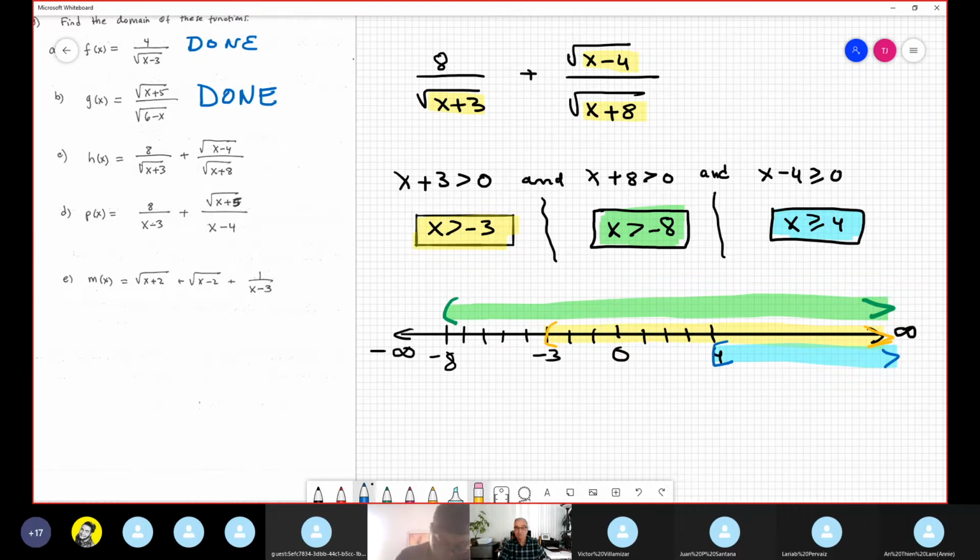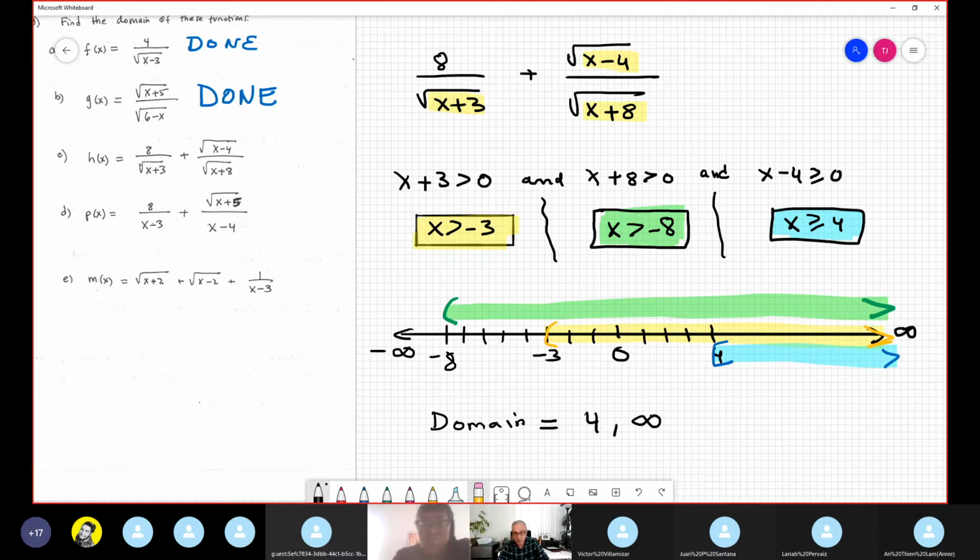Do you follow me? So, what is the interval that satisfies green, yellow, and blue? What is the final answer? Domain. Tell me. From 4 to the infinity. Exactly. Bracket or parenthesis, miss?